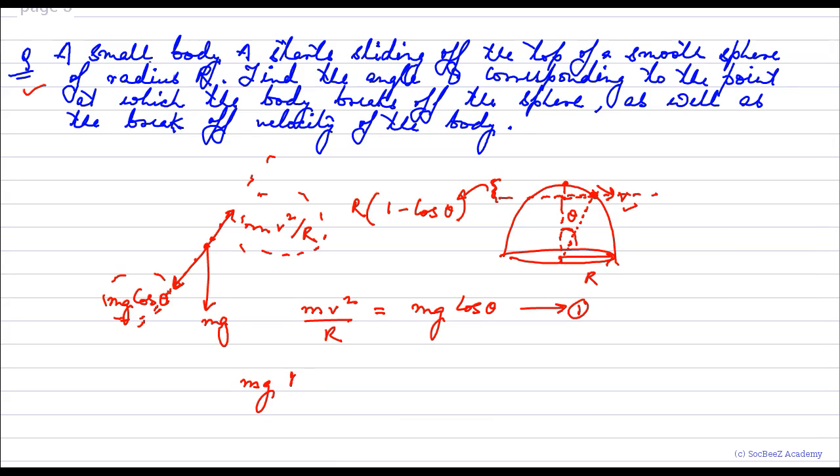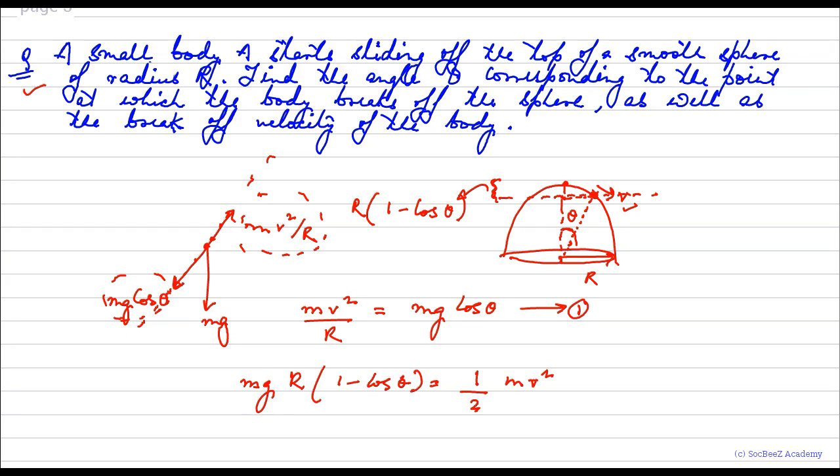So mg into r into 1 minus cos of theta, this is going to be my initial potential energy stored in the body. This must finally get converted into the kinetic energy of the body, which is half mv square. Okay, fine.